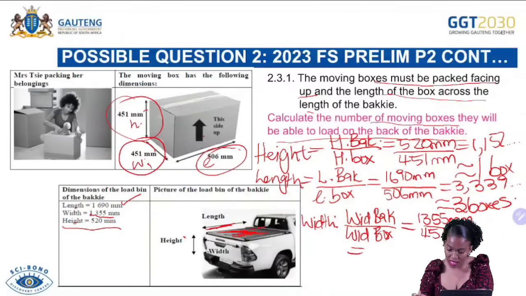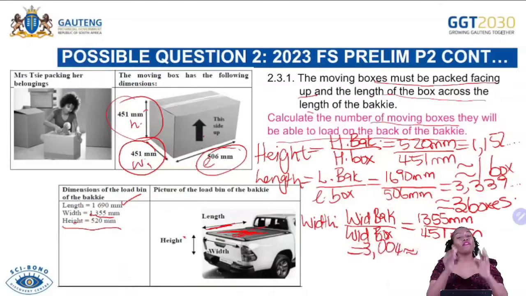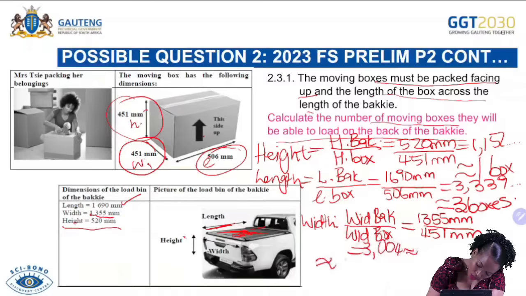Let us punch this in our calculator. It is 1355 divided by 451, and the answer that I'm getting is 3,004. Remember, we cannot have a decimal number of boxes. So again here, we are going to round down, meaning only 3 boxes can fit in.